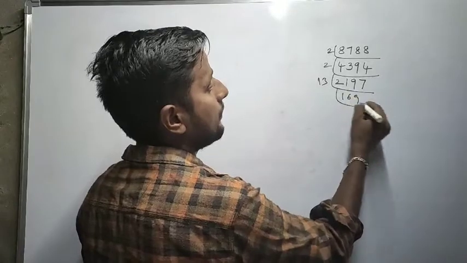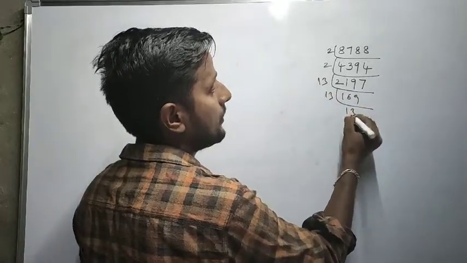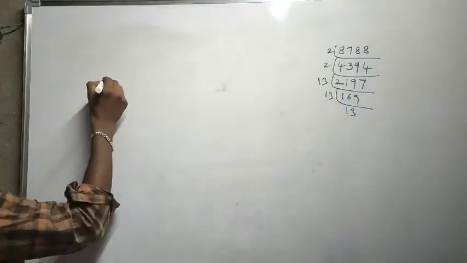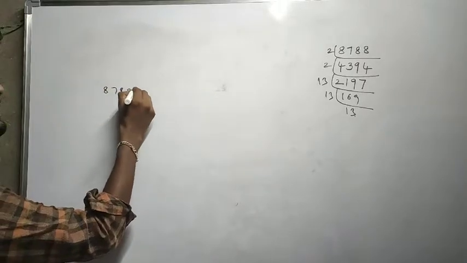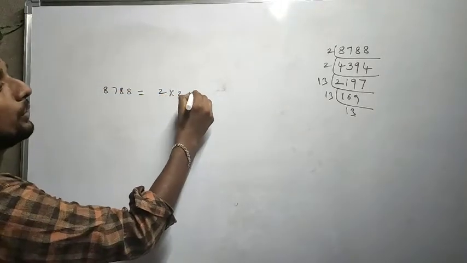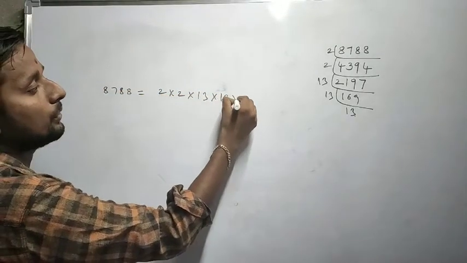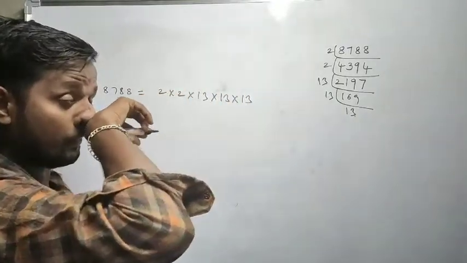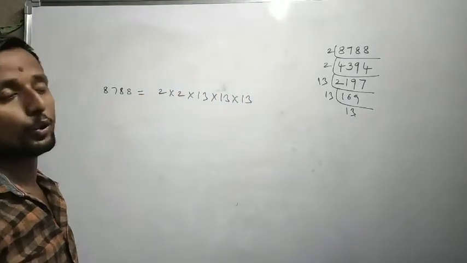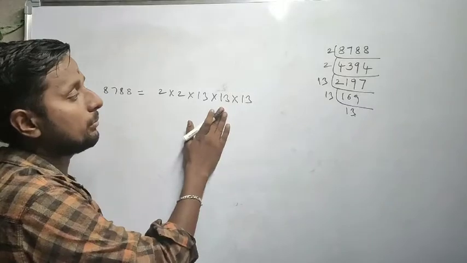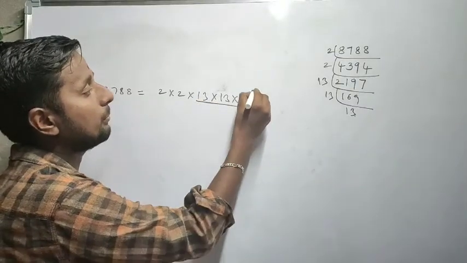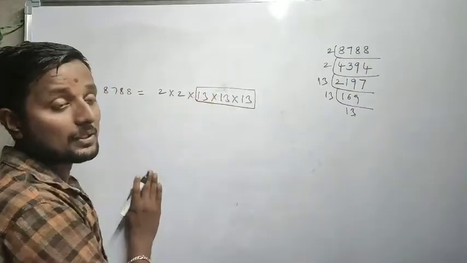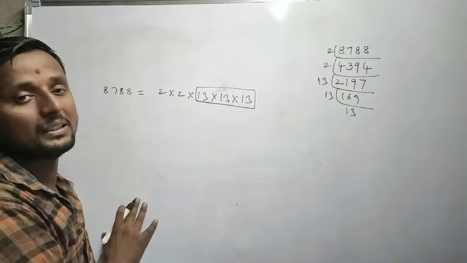Next, same 13 times. Now, so 8788, I'll write as 2 into 2 into 13 into 13 into 13. So to become a perfect cube, the product of these numbers must have groups with three same factors.